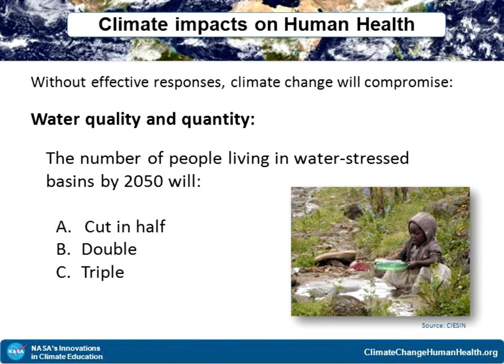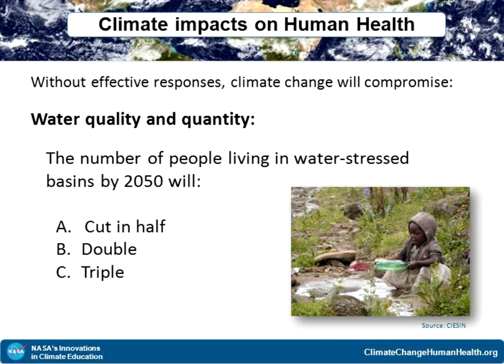So now we're going to take a little bit of interactivity here, understanding the climate responses that people are taking from the local grassroots level to government level to international levels. Looking at water quality and quantity, one of the things that is known is that a number of people are already living in water-stressed areas.